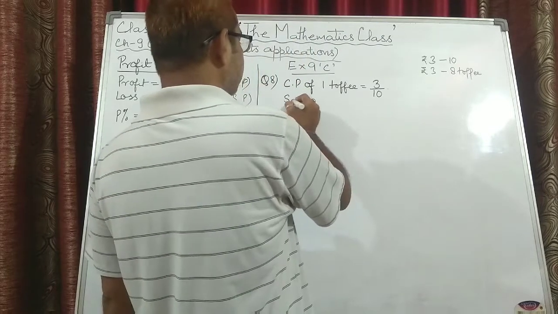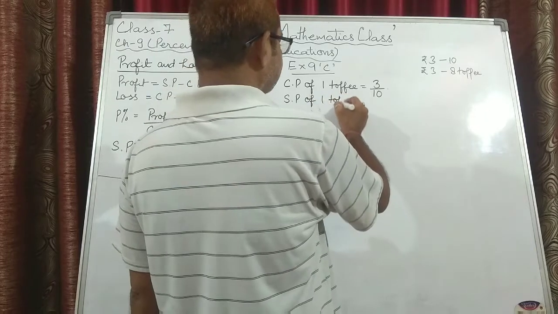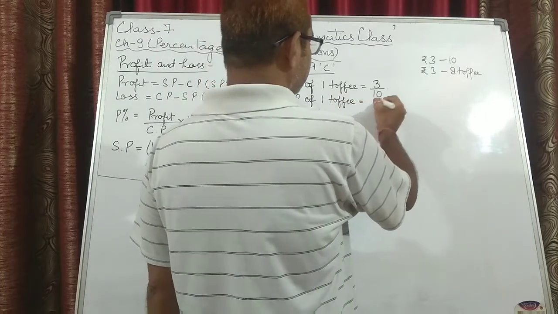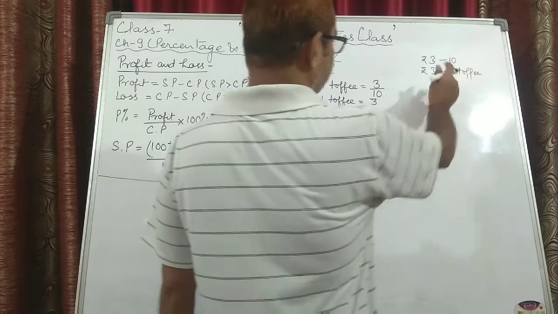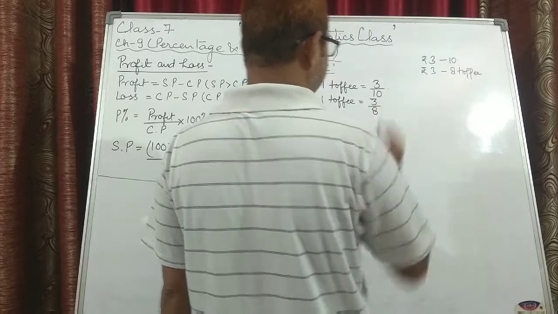But the selling price of 1 toffee: she is selling 8 toffees for 3 rupees, so it is 3 upon 8 rupees.